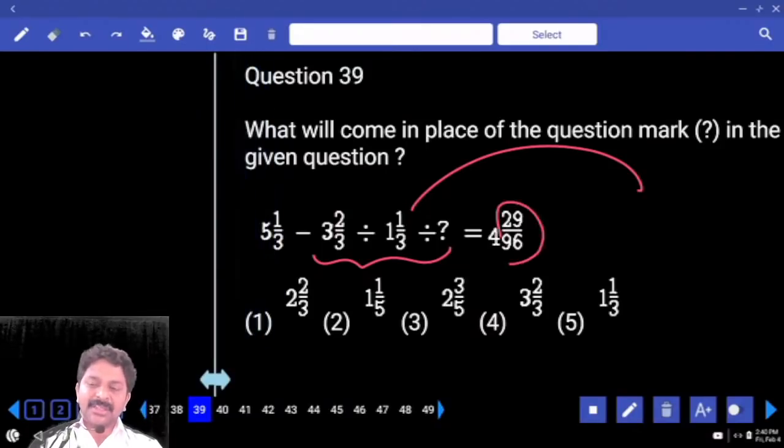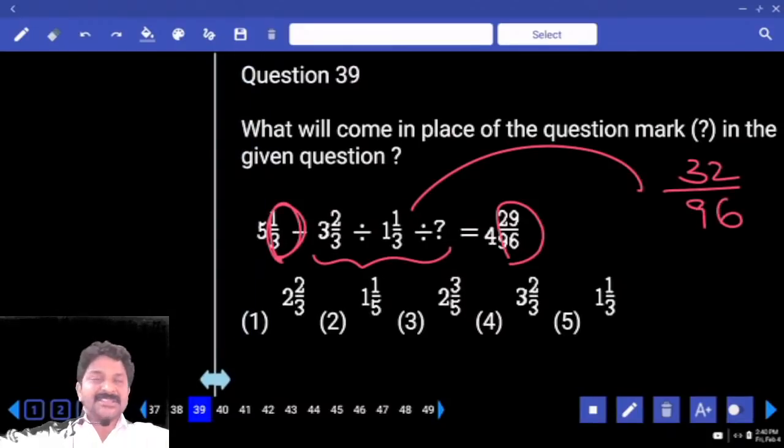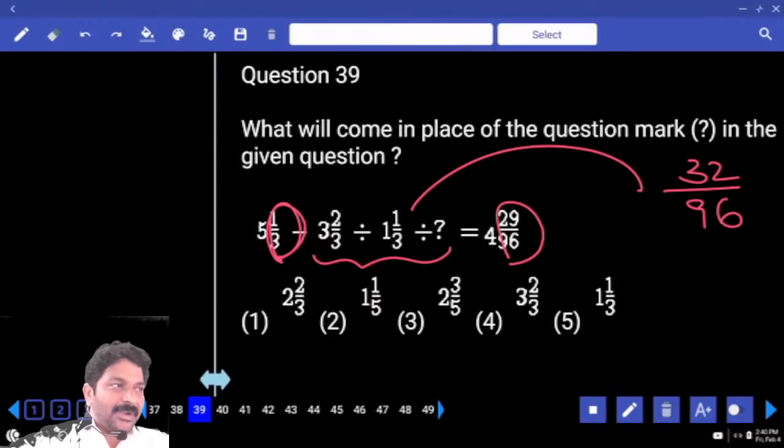And what is the fraction over there? 29 by? So here on the left hand side, what is the positive number? 1 by 3. So I want to make the same denominator. Hence I will take 1 by 3 as 32 by 96. I am multiplying both numerator and denominator by 32 so that I get the same denominator.